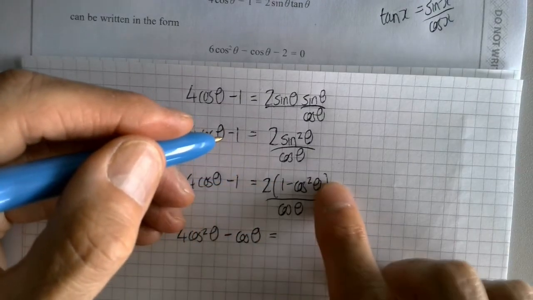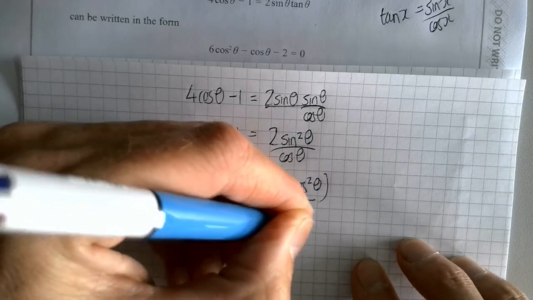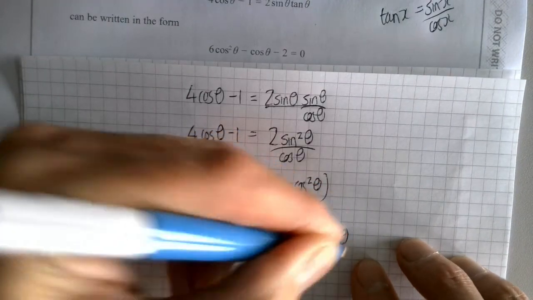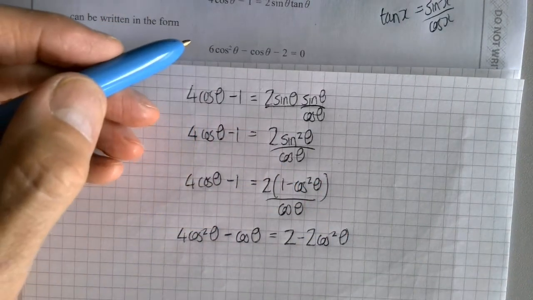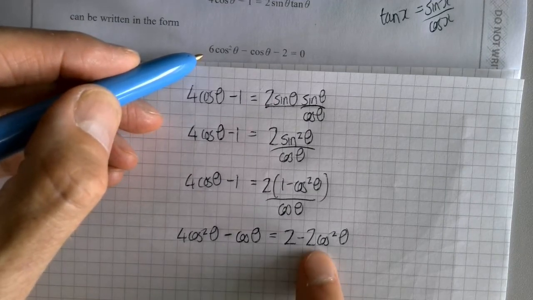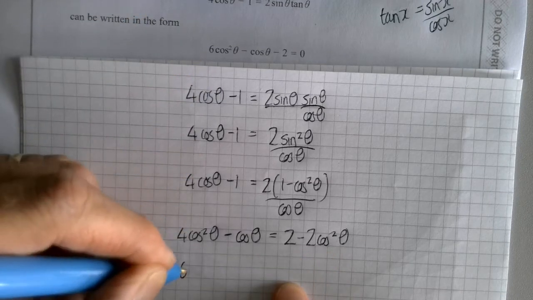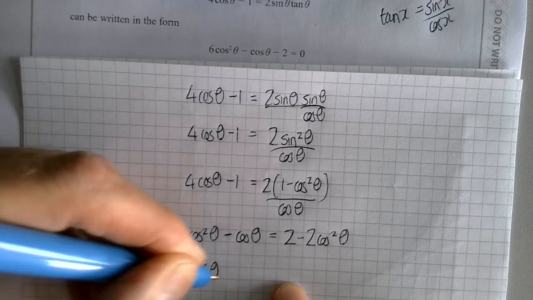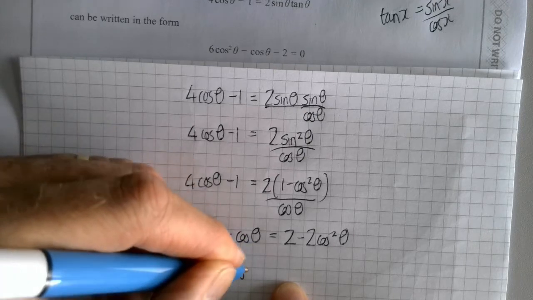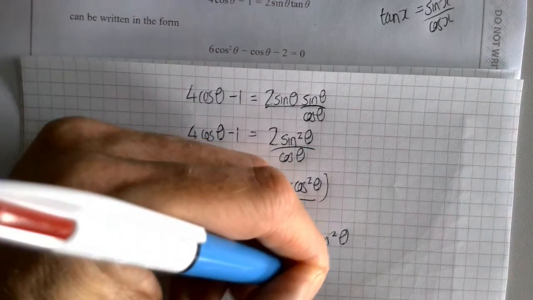And then I've killed the fraction by multiplying by cos, but I'm going to multiply out the top. And you can sort of feel the proof relief at this point, because if I add 2 cos squared theta and take away 2, as required.